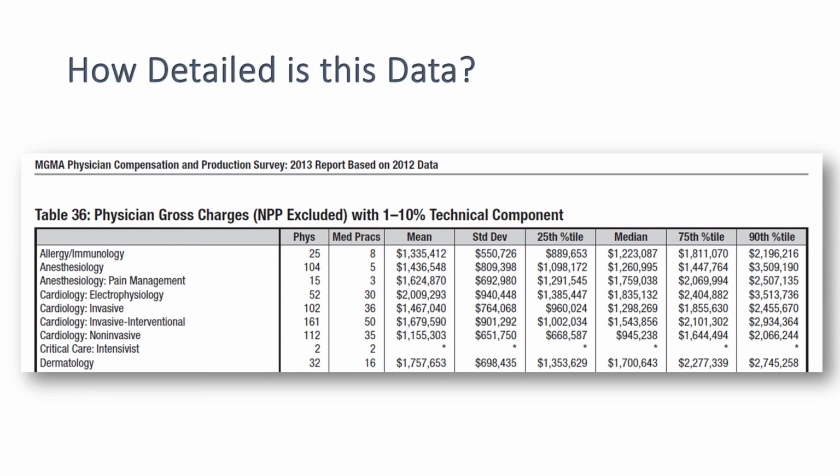They also have percentile ranges and the median as well. You can contrast this to cardiology, particularly electrophysiology, with a mean gross charges of $2 million per year, with a 90th percentile of $3,500,000 per year.